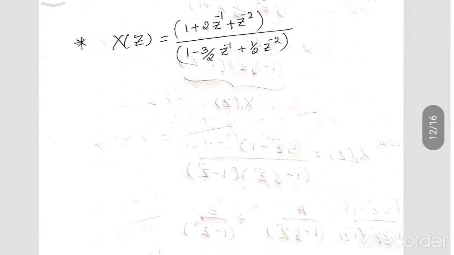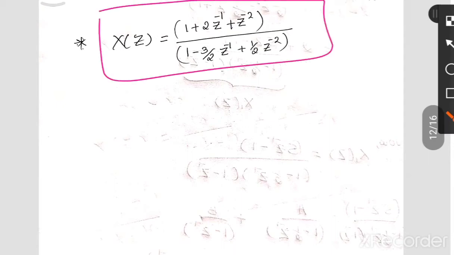Now we'll see another example where the numerator has an order greater than or equal to the denominator order of z. So this is x of z, which is equal to 1 plus 2 z raised to minus 1 plus z raised to minus 2 divided by 1 minus 3 by 2 z inverse plus 1 by 2 z raised to minus 2, where the ROC is z greater than 1.